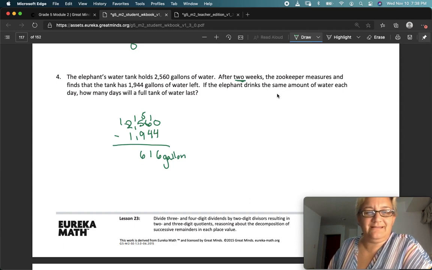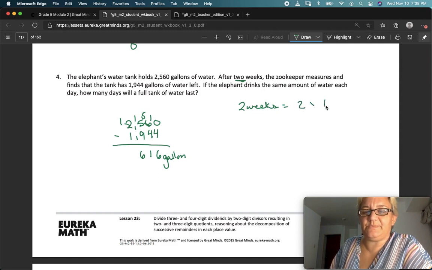Okay, so if the elephant drinks the same amount of water each day, how many days will a full tank of water last? So let's divide this by 2 weeks, which is 14 days, remember? 2 weeks equals 2 times 1 week. I know this is the long way.